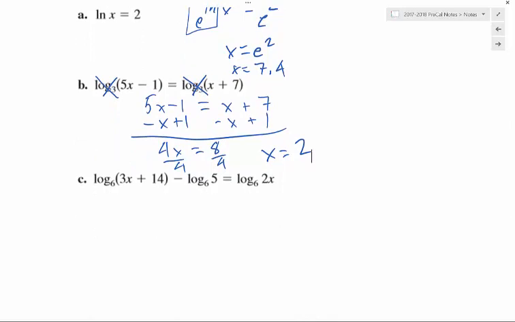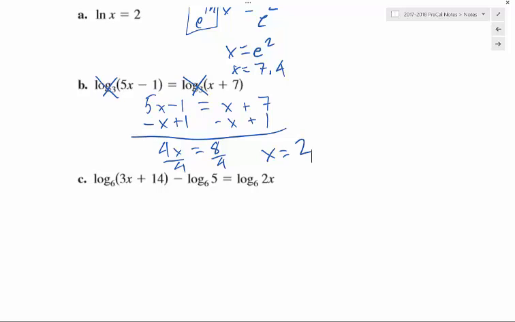Now in this one, I need to do some trickery first. I'm going to recall the quotient rule from the last lesson, 3-3, stated that if I had the log with a base and two things were being divided in the argument, then I could separate them out by subtraction.